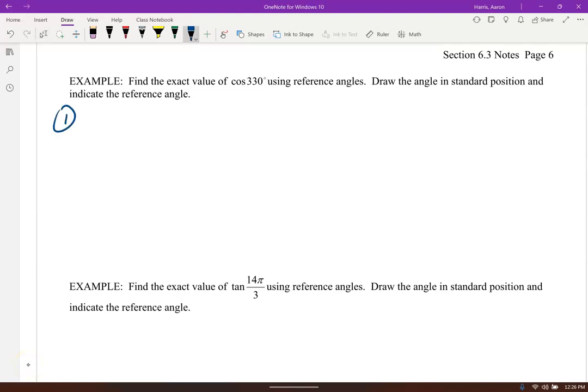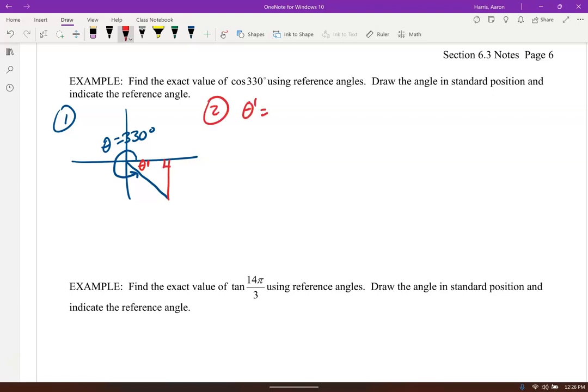So hopefully, number one, you drew the 330 degrees, almost all the way around, not quite. There's the 330 degrees. So the reference angle here, theta prime, would be 30 degrees, right?